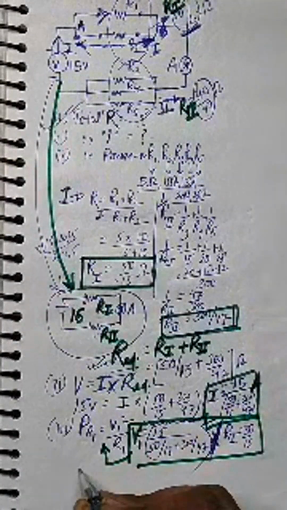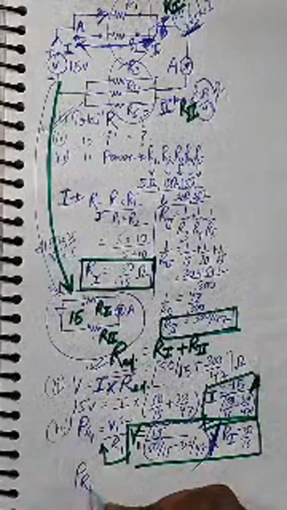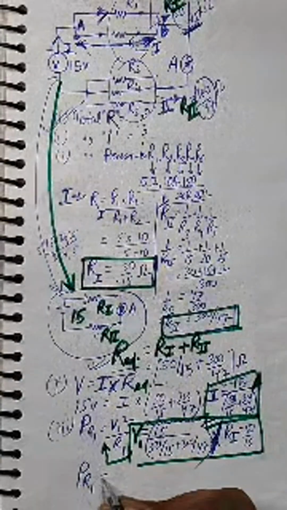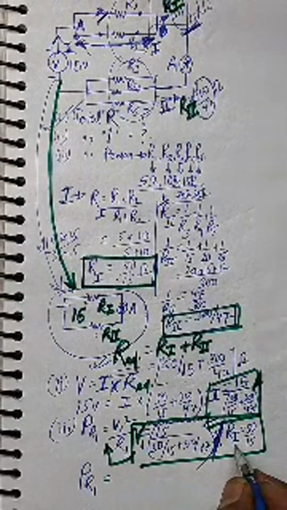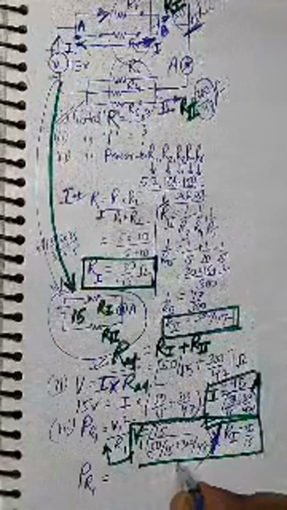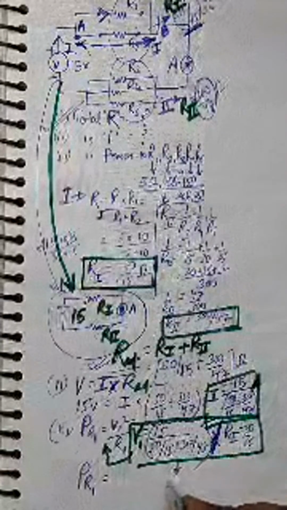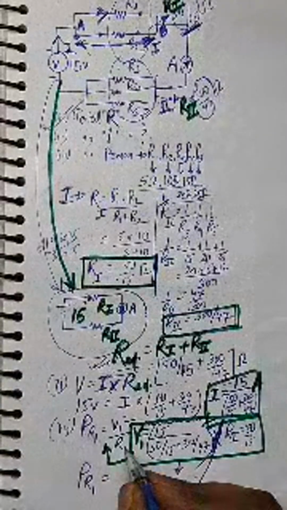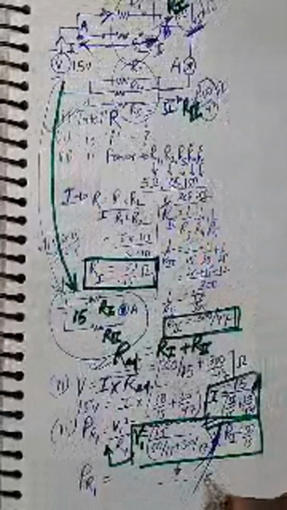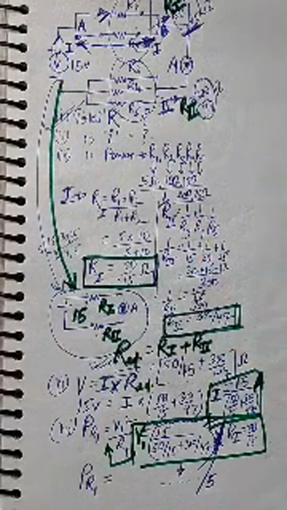Then V1 square by R1 will be the power for resistance 1. That will be equal to V1 square, whatever value you are getting, divided by R1, and R1 is nothing but 5 ohm, right? This should be the power across resistance R1.